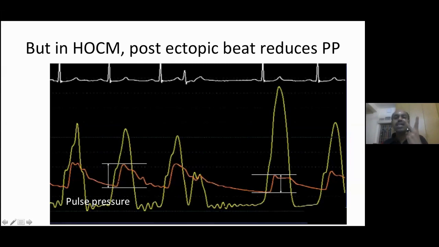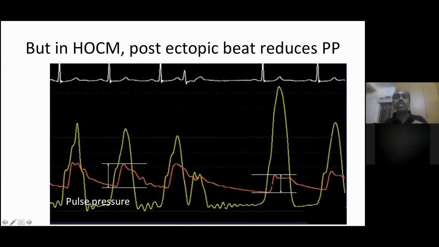The factor number two that decides the left ventricular outflow tract obstruction is systemic vascular resistance. The lower the systemic vascular resistance, the higher the gradient. So the acute fall in the systemic vascular resistance in the ectopic beat increases the left ventricular outflow tract obstruction.